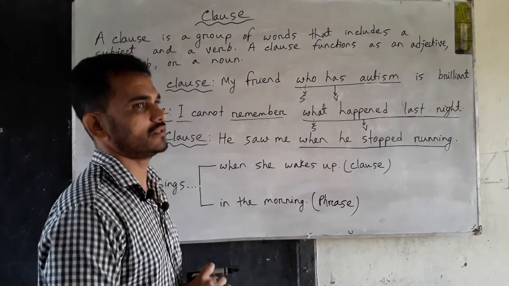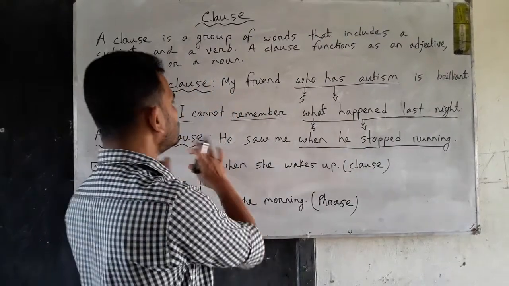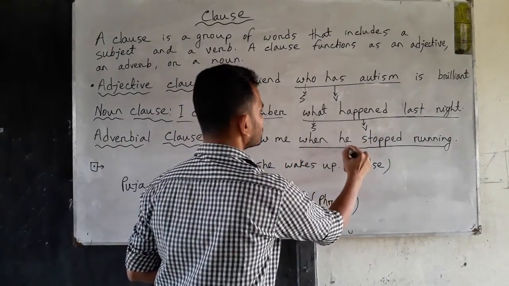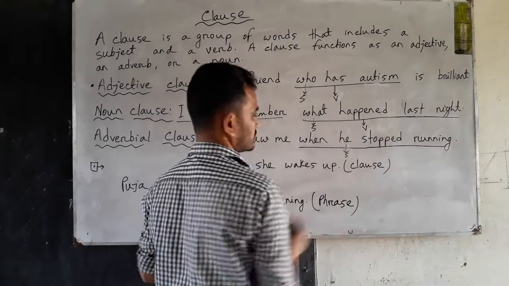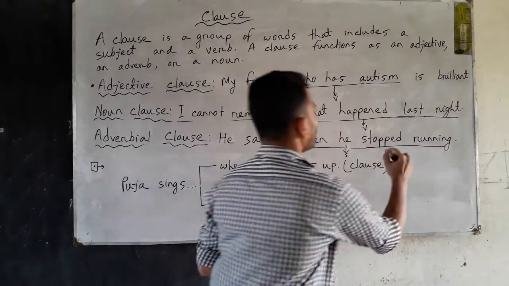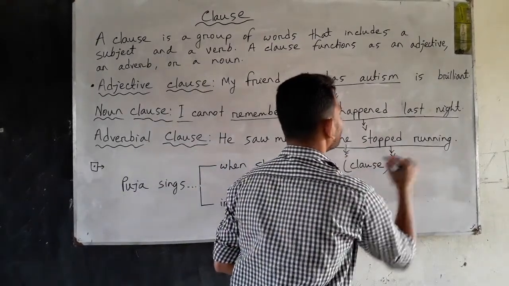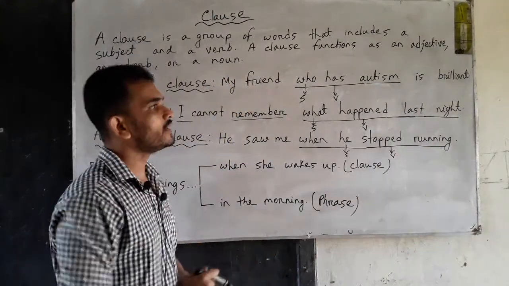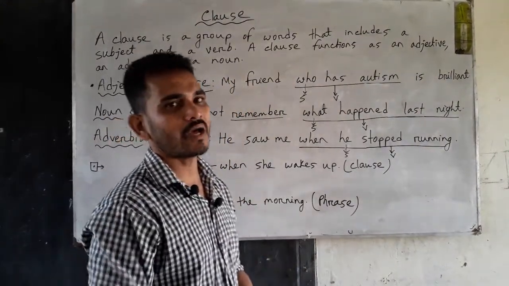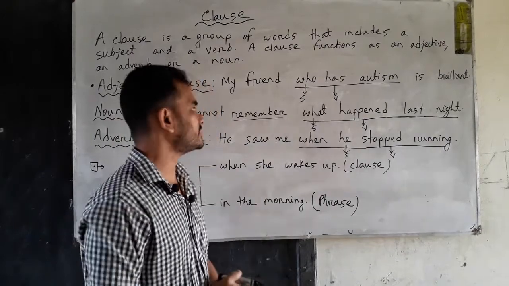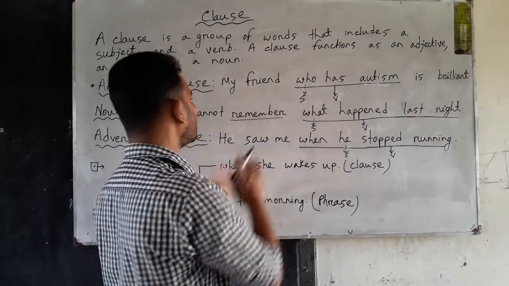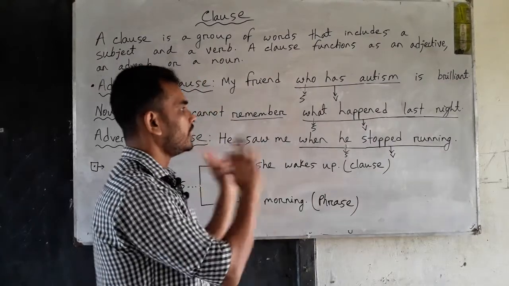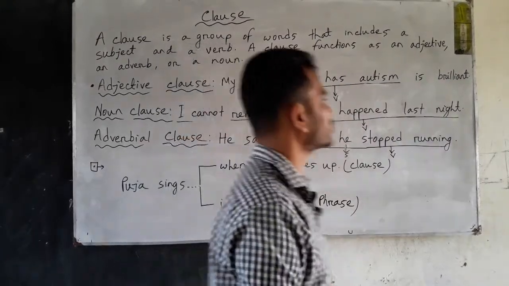In this part he is the subject and stopped is the verb, then running is the extension in this sentence. So the full sentence is he saw me when he stopped running, but in the last part we see when he stopped running.